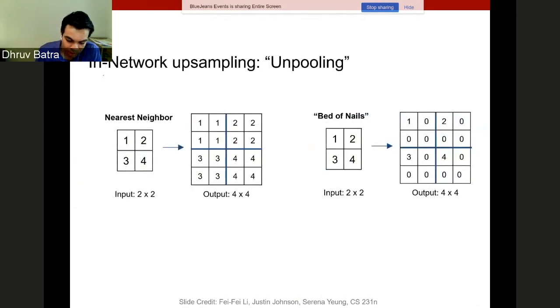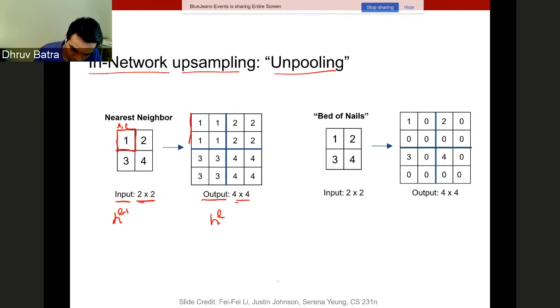One way of doing upsampling is that we can think of this as just an unpooling operation. So this is my input, which is a 2 by 2, and this is a nearest neighbor upsampling layer. So this is H_{L-1}, this is H_L, and I'm going to go from 2 by 2 to 4 by 4.